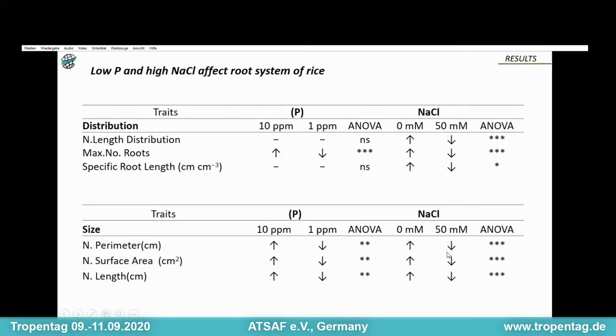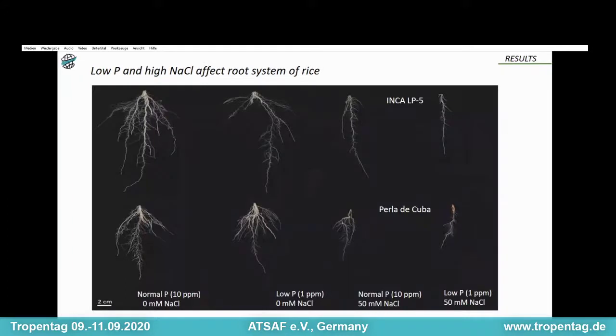In general, we can see in this picture that Perla de Cuba was more affected by P starvation and salt stress than Inca LP5, especially in root size and root extent. In both genotypes, saline stress affected more than P starvation.